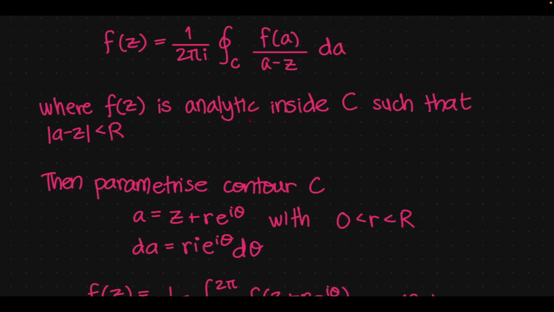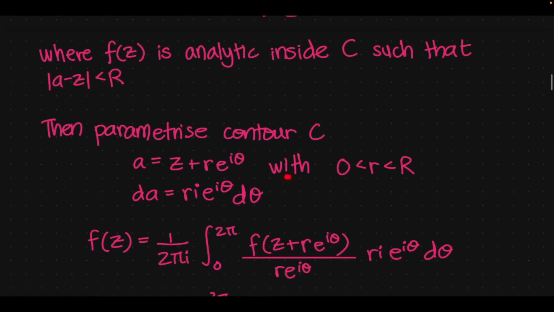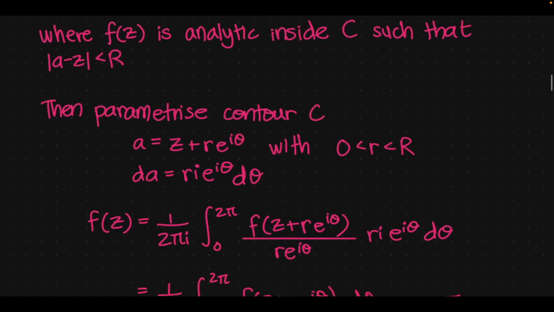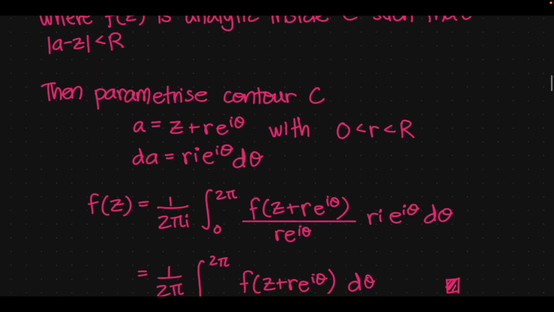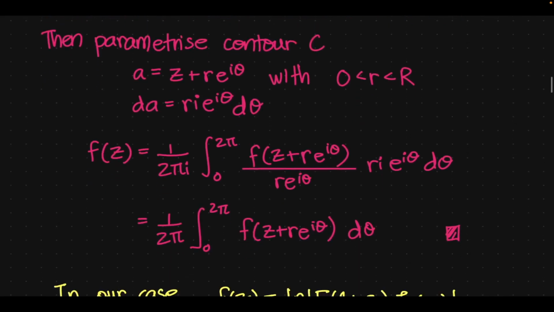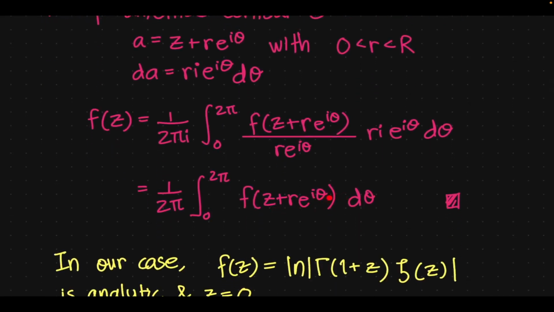Such a contour satisfied this condition, because we knew f of z was analytic in this open disk. We parameterized it accordingly as a circle that's centered at z, with R satisfying this disk region, and we just simply get this. So that's it.